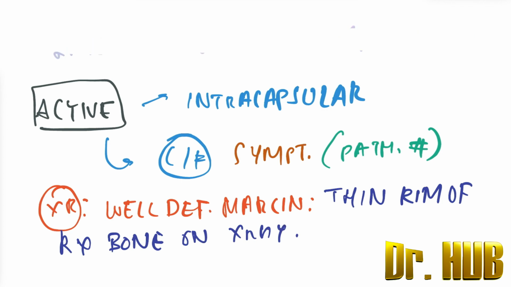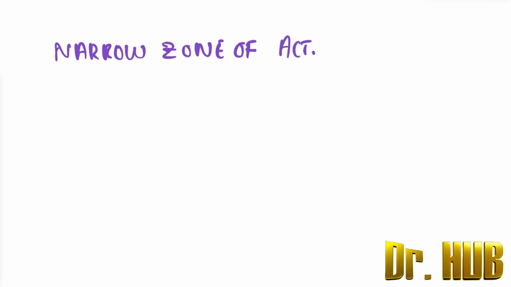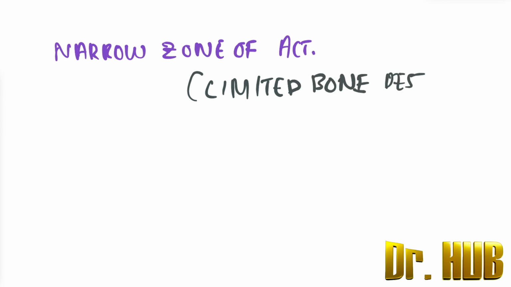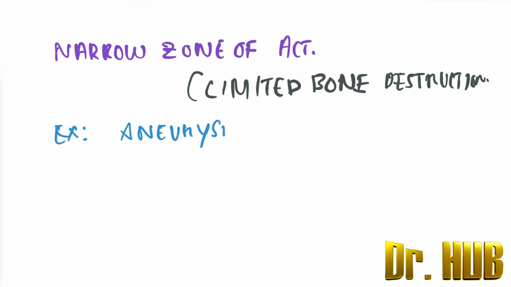Then comes a narrow zone of activity, which is limited bone destruction. Now let's look at the examples. The example includes the aneurysmal bone cyst.